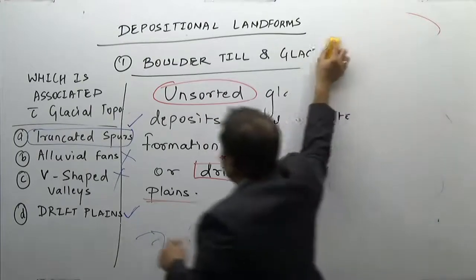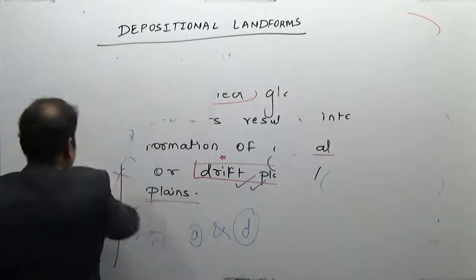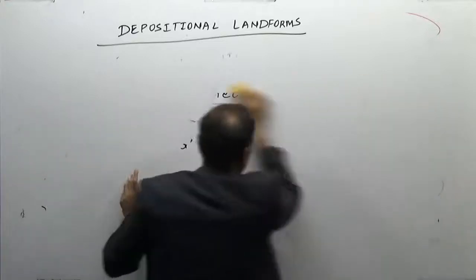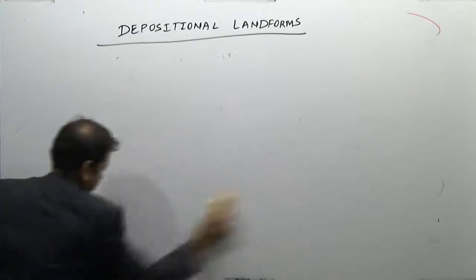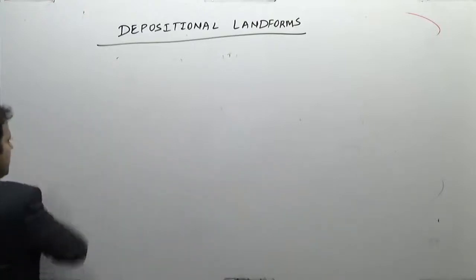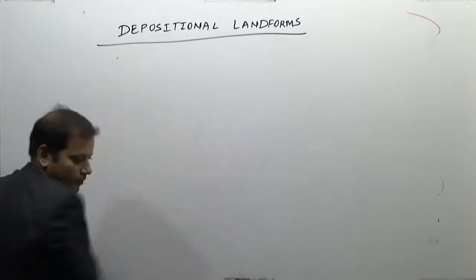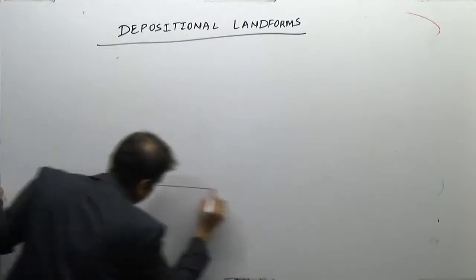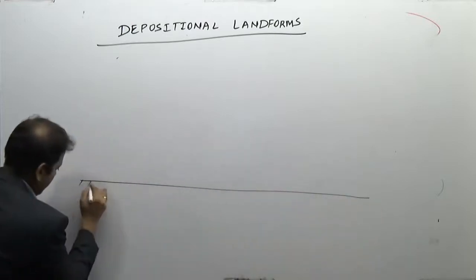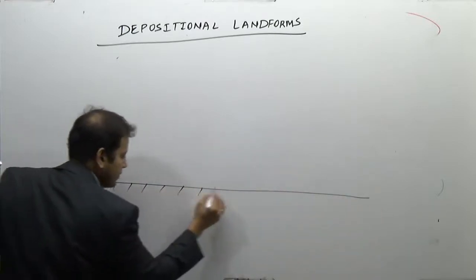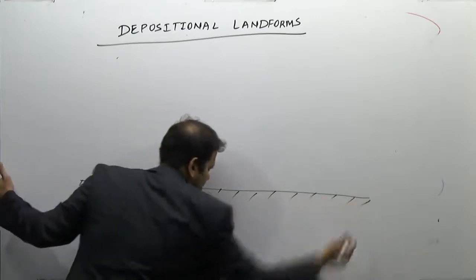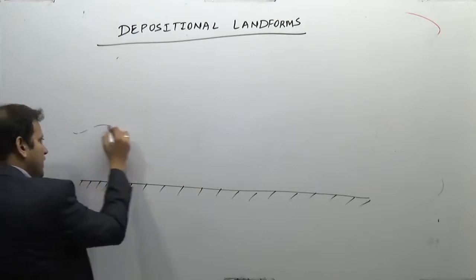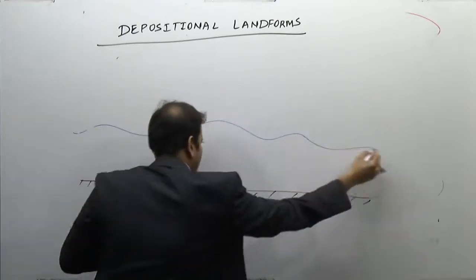Now you consider the second kind of deposit. You consider a situation where on the ground surface a very big glacier is flowing.